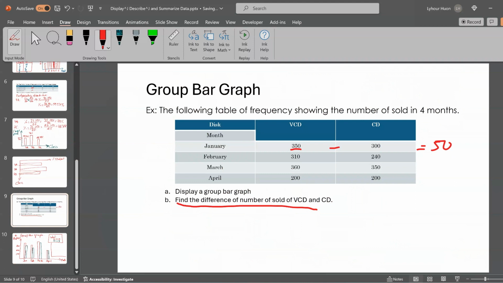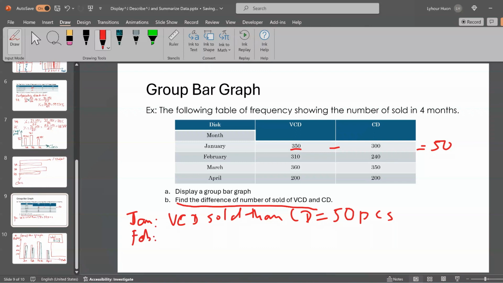So for January, VCD sold more than CD, 50 pieces.